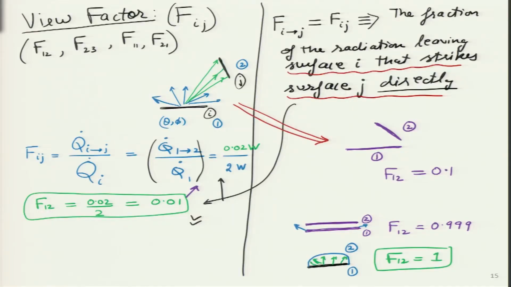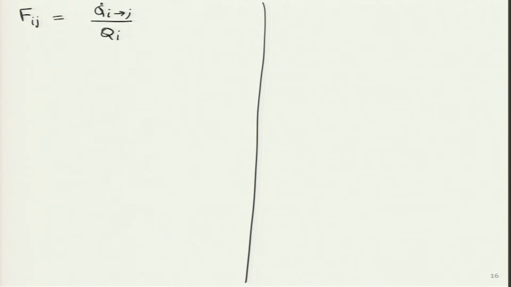Okay. Now, let us try and see how I will find the expression for this Fij analytically. I know Fij is simply q dot i to j divided by q dot i.